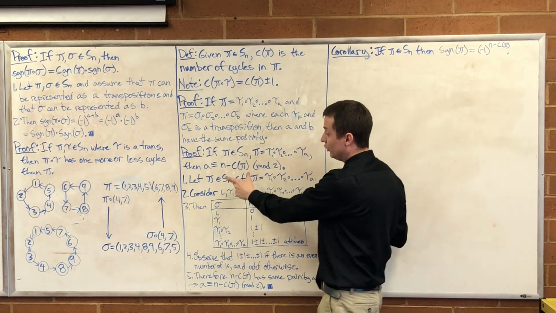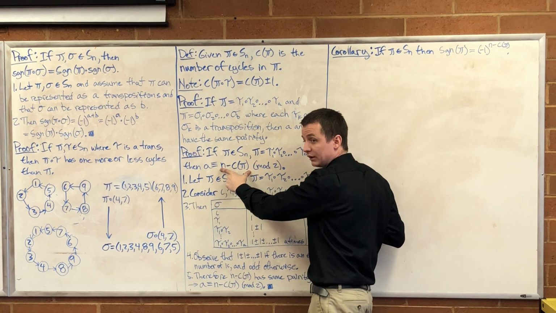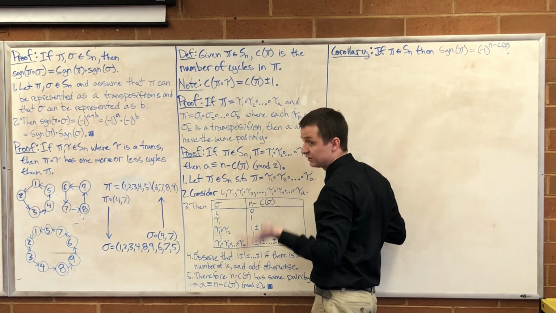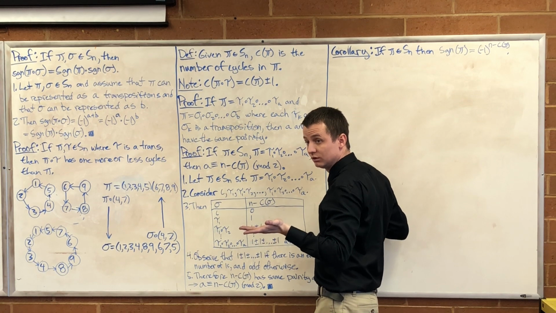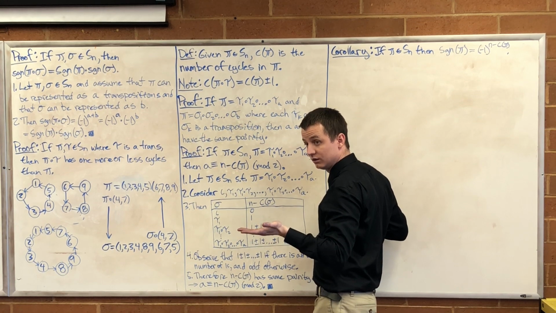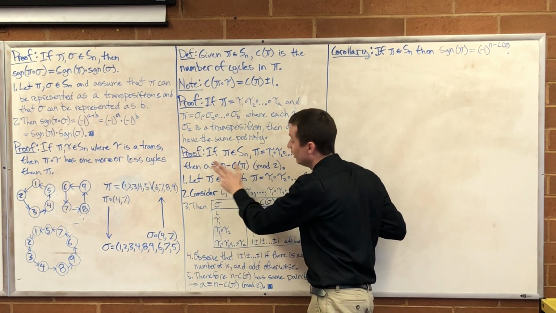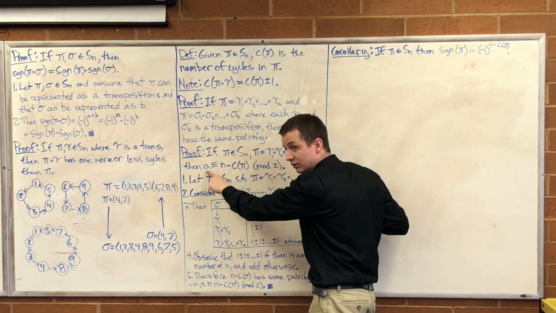So, notice that this is a constant, whatever it is. N minus the number of cycles in pi, that's a constant. Right? Yeah. So A has the same parity as a constant, no matter what A is.